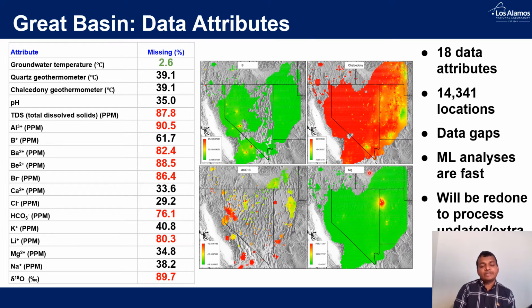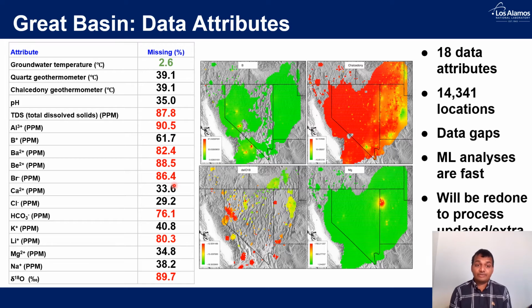We have data for 18 attributes, all related to geochemistry: three geothermometers, pH, TDS, and the rest are 13 cations or anions, including oxygen isotopes. This column presents the missing percentage, which means how much data is missing in the dataset. You can see that no attribute has a complete dataset.